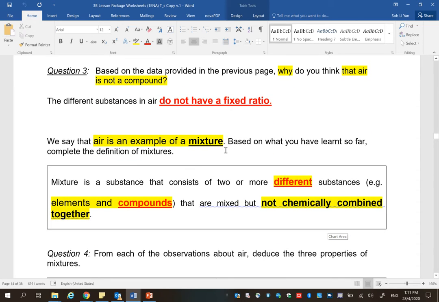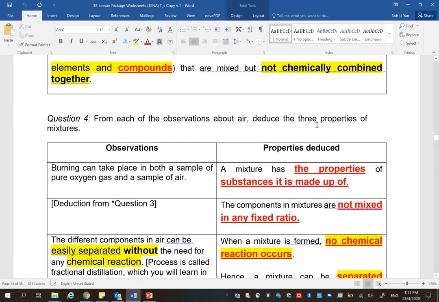As an example of a mixture, please take note, air is a substance that comprises two or more different substances, can be elements, can be compounds, can be any other thing. They are mixed, but they are not chemically combined. As I mentioned before, not chemically combined means that they can just mix, no need for a certain temperature, no need for a certain amount of heat, no need for a special condition. You can just mix like that and you're able to get a mixture.